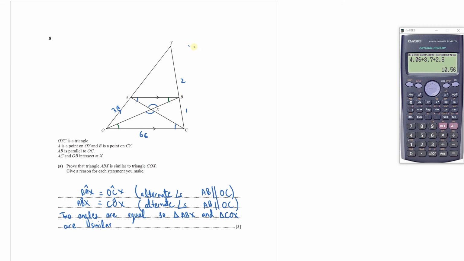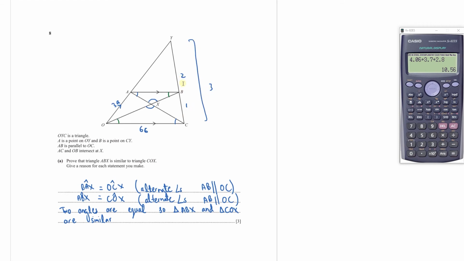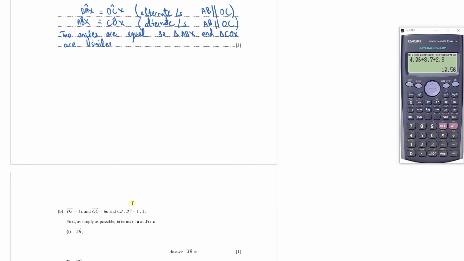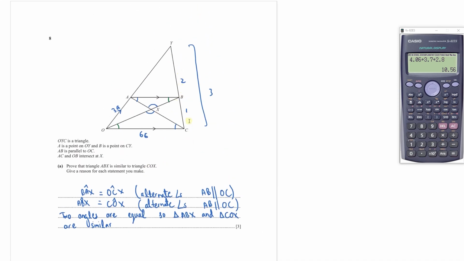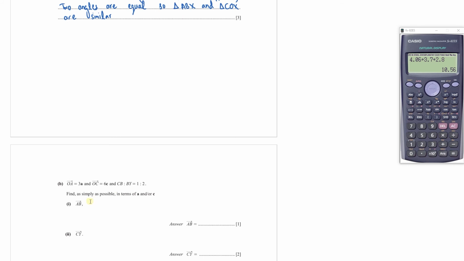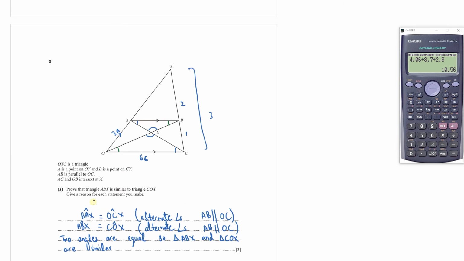So this full length, if this is 3, this will be 1, this will be 2. CB to BY. The first part is: find as simply as possible, in terms of A and or C, the vector AB. So AB is this vector and we want to find its value in terms of A and C.